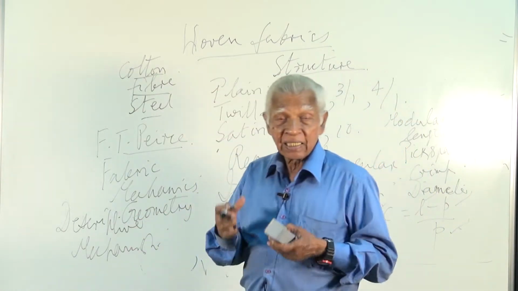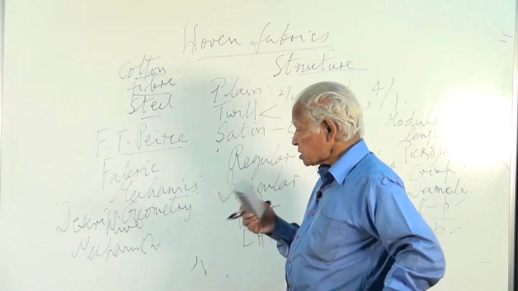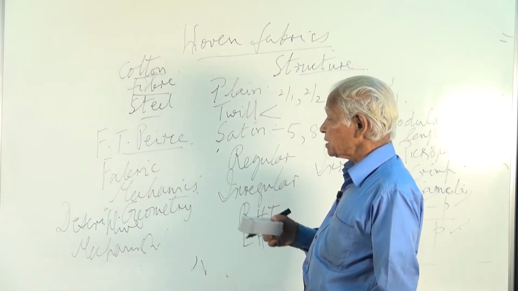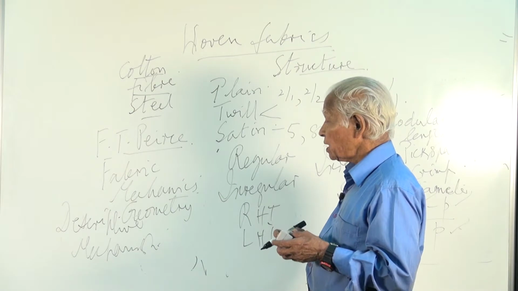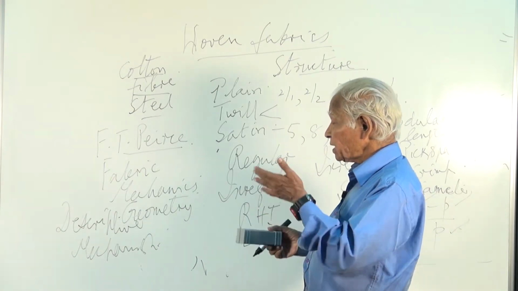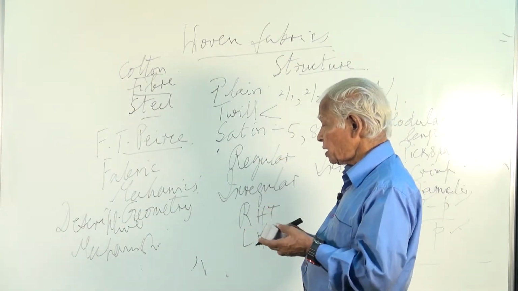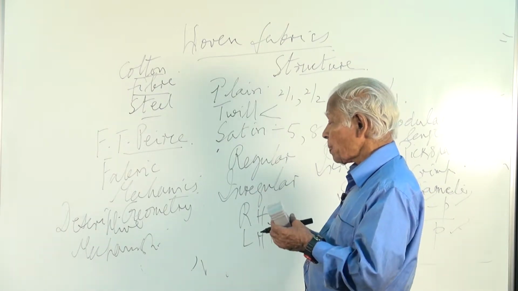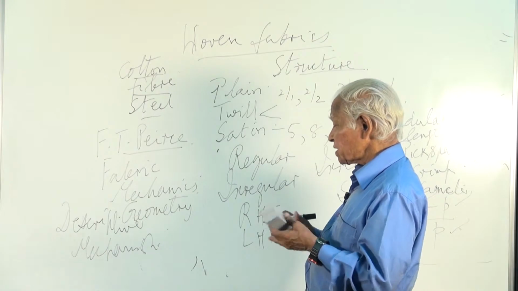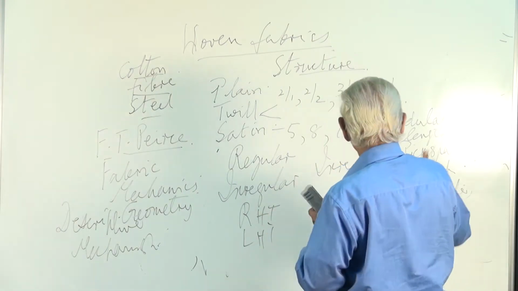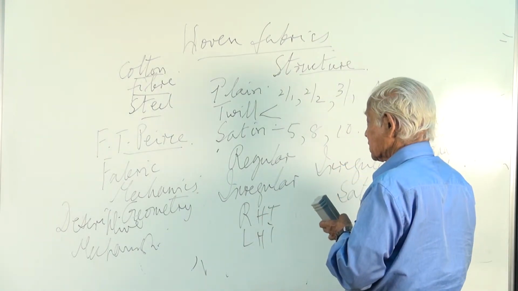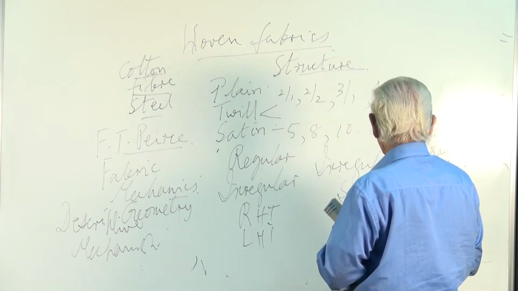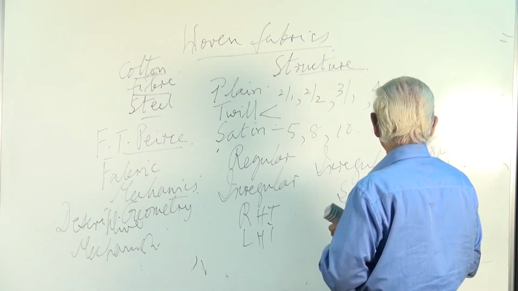And these relationships were postulated assuming that the yarn is circular in diameter and the material is very flexible and all. It is not rigid, and it is incompressible. So, so many assumptions were made, and then these relationships were put forth, and they are quite useful to calculate one from the other.